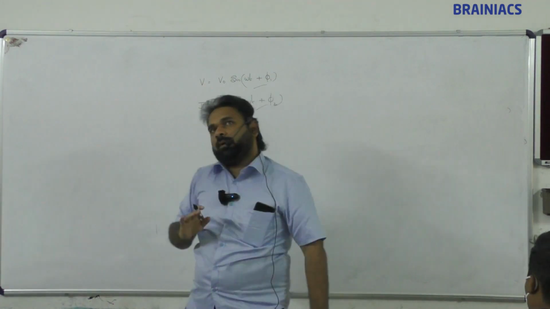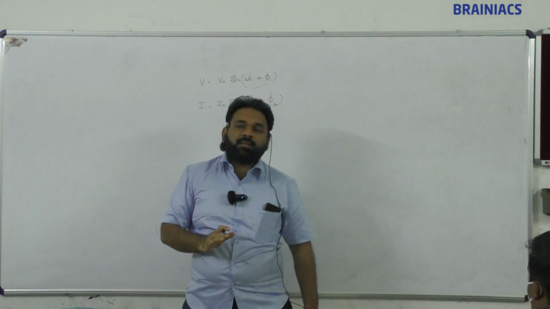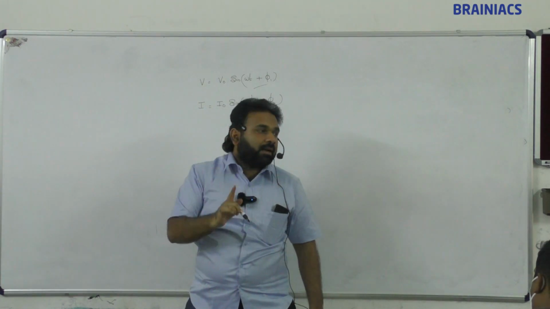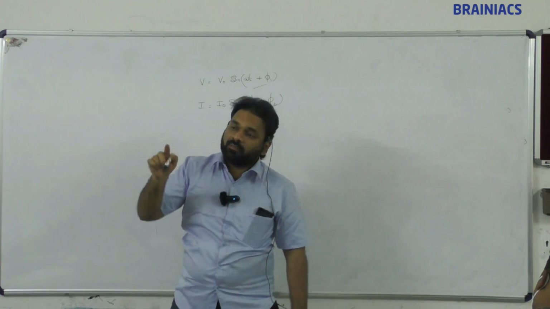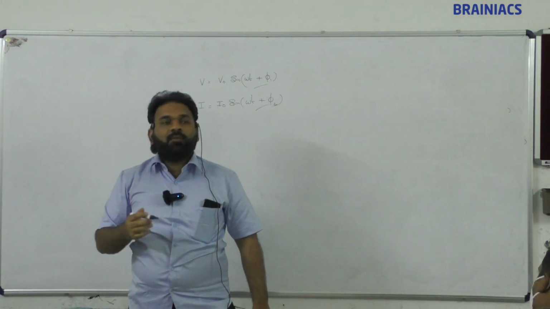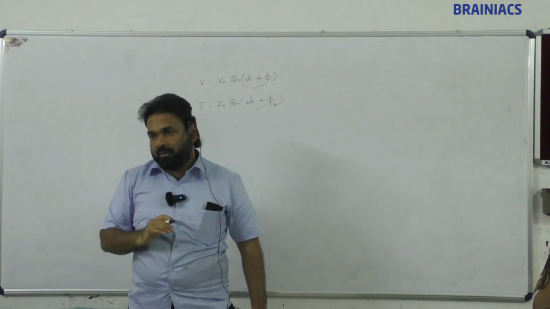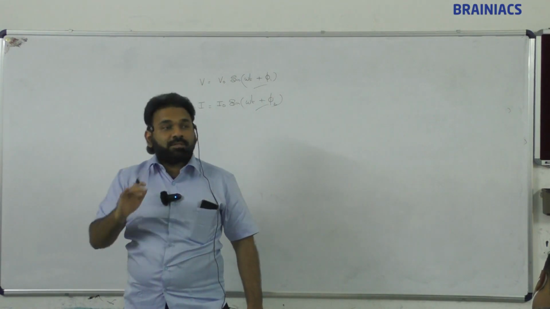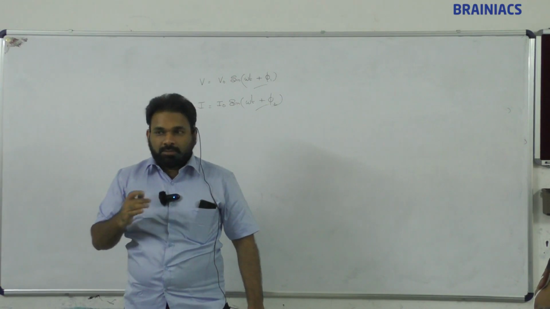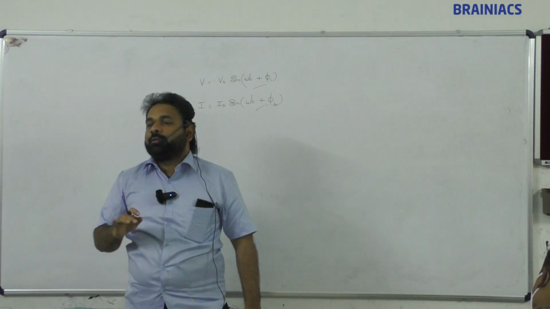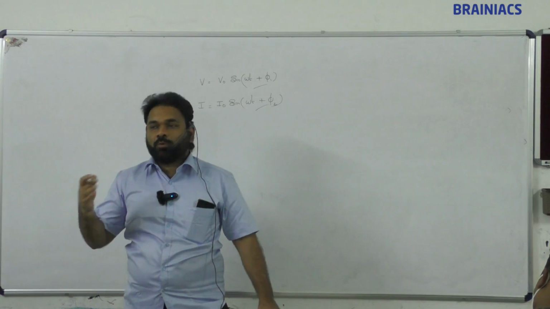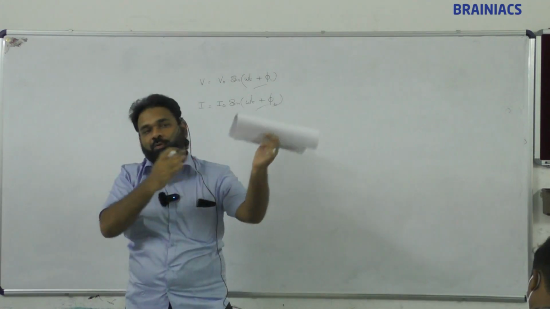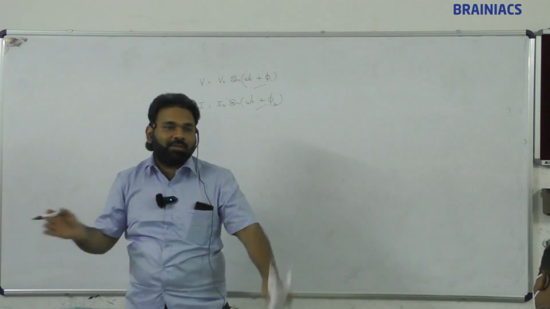Now, the phasor concept is nothing but considering current and voltage as vectors. We will apply algebra for solving all these problems. The direct method is trigonometry: sin omega t, cos omega t, sin into cos omega t, all these things, average, RMS, everything.